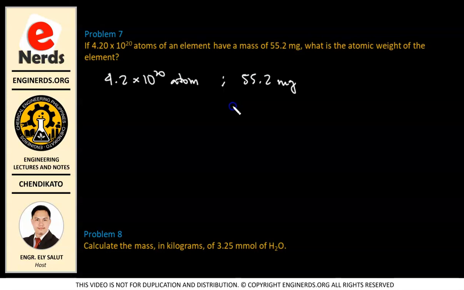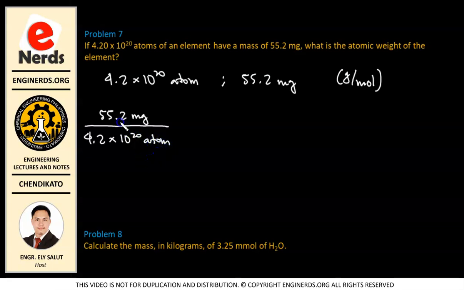We need to find out the atomic weight of the element, so we also need to express this in terms of grams per mole. If we want to express this in grams per mole, our mass will be in the numerator. So let us write that now. Here we have 55.2 milligrams of our element for every 4.2 times 10 to the 20 atoms.